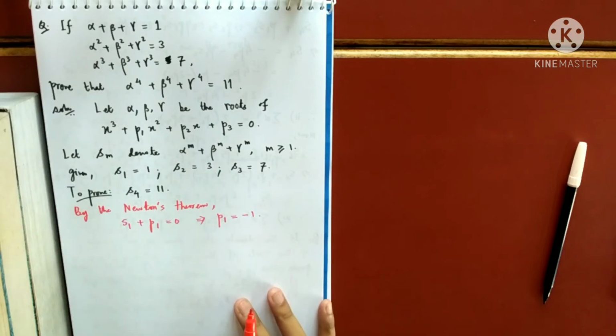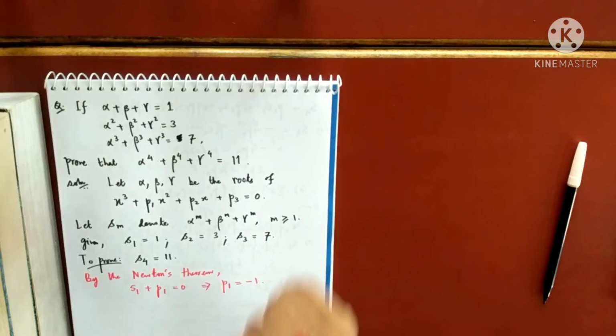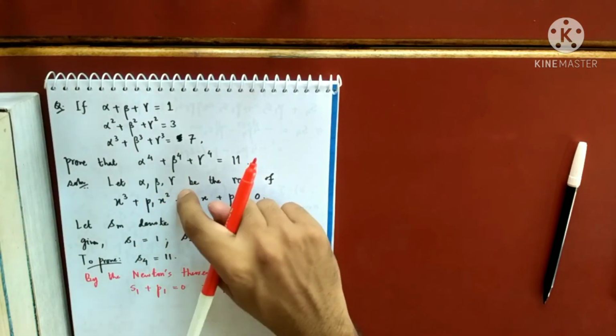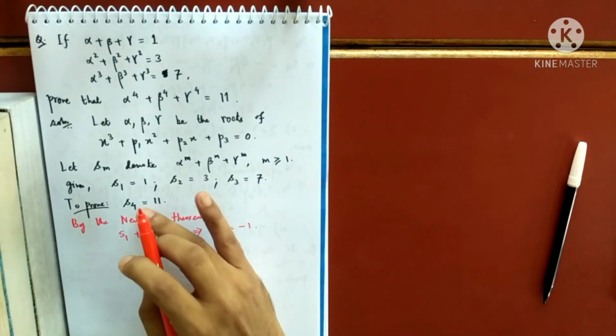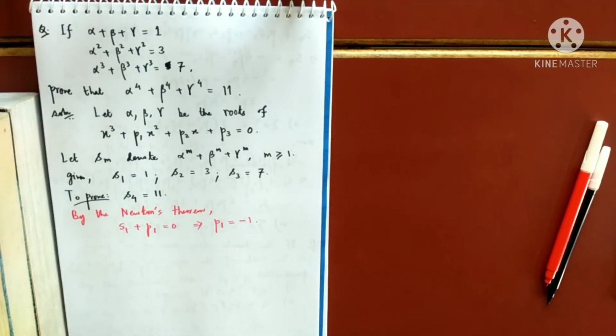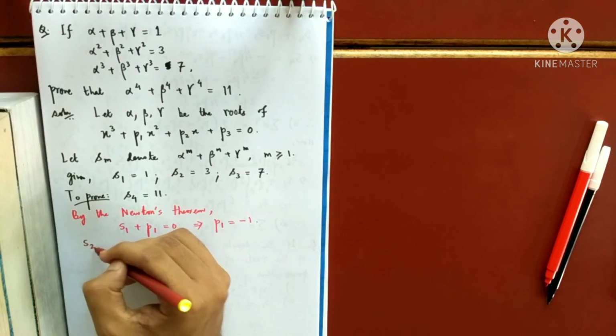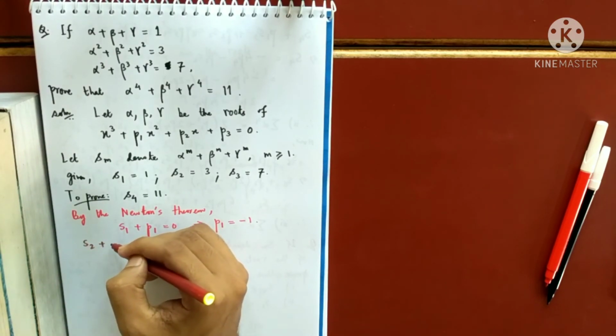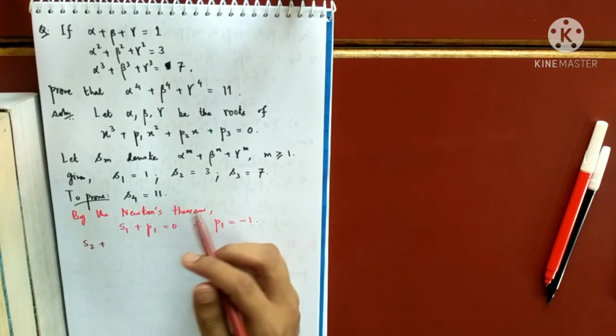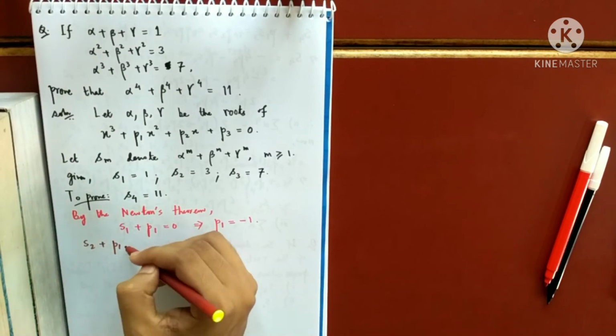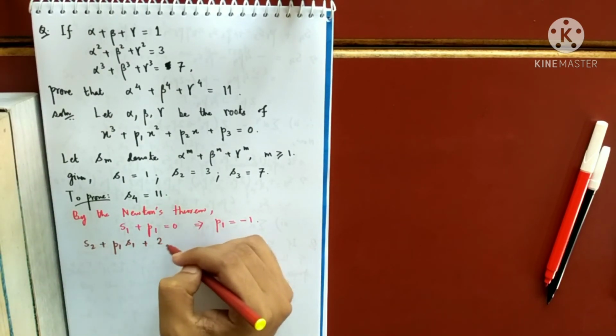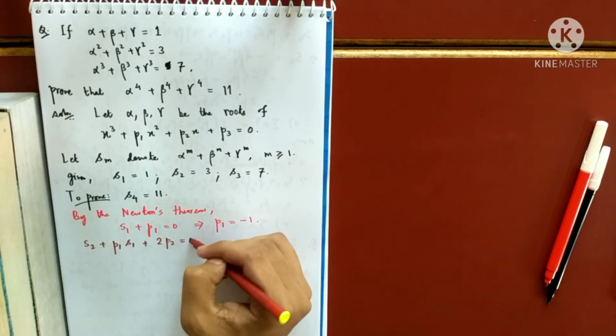I have known the coefficient of x square. Now again, if I use Newton's theorem, S2 plus P1 S1 plus 2 P2 equals to 0.